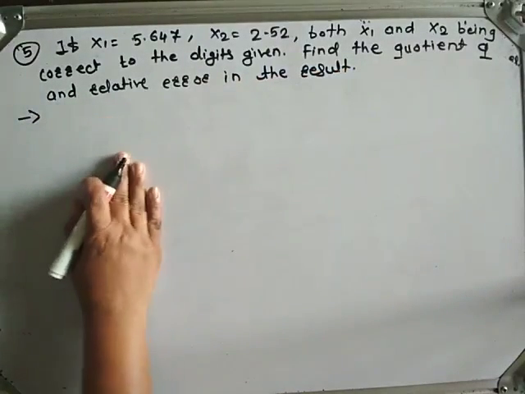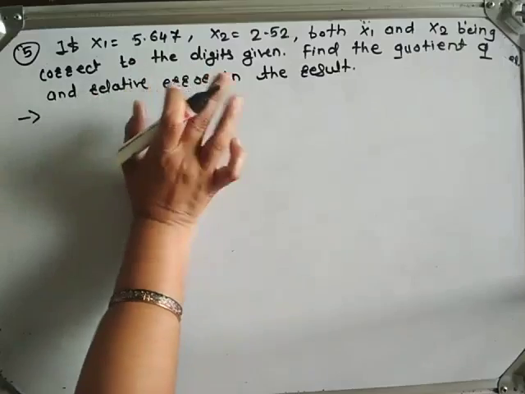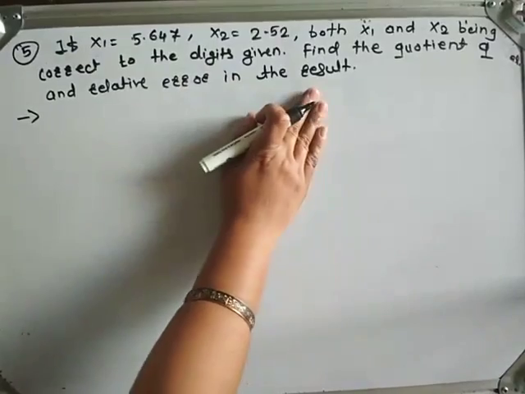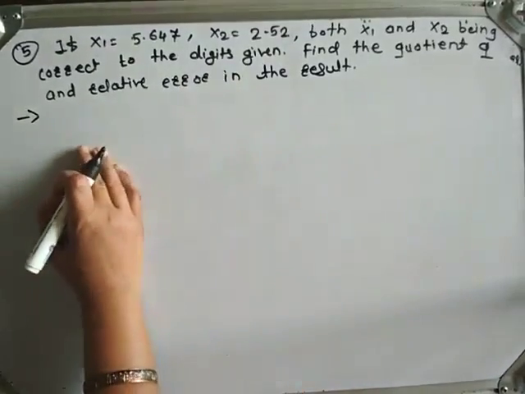Here we have been given two numbers x1 and x2. We have to find the quotient and the relative error in the result.